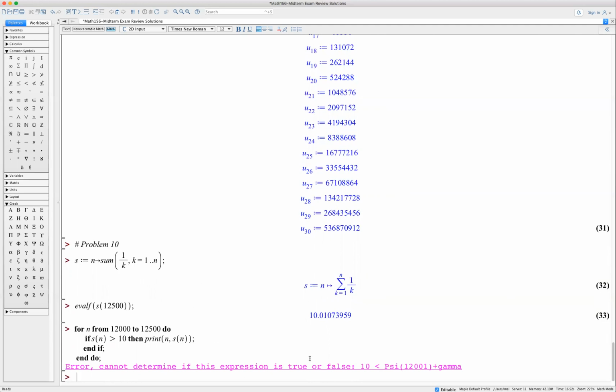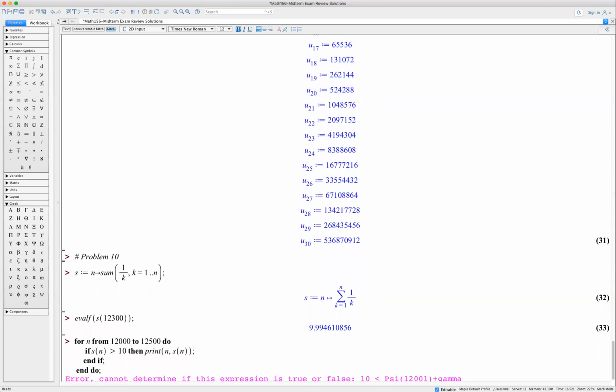Why doesn't it want to do this? Maybe because these numbers are so many terms. What about 12,300? No, it's too small. 12,350, still too small. 12,370, that's okay. 12,360, too small.